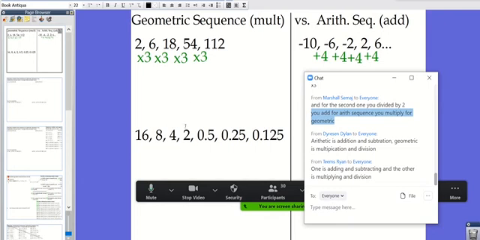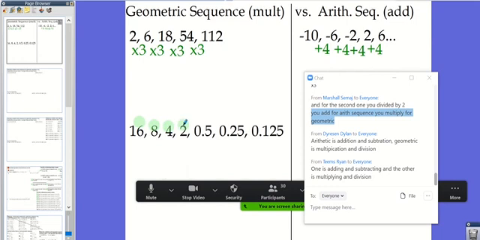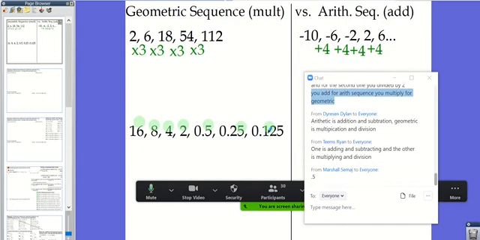All right, folks. Now let's look right here. We already established that geometric sequence is multiplying. So when we're going from 16 to 8 to 4 to 2, what are we multiplying by? It ain't 3, it ain't 4. What is it? Can anyone take a wild guess?